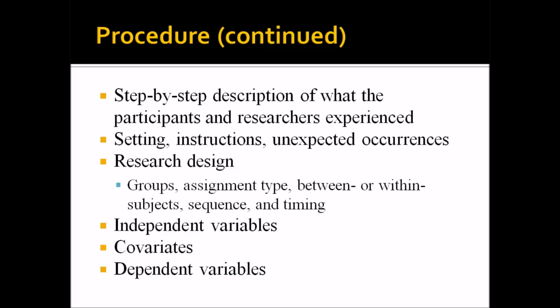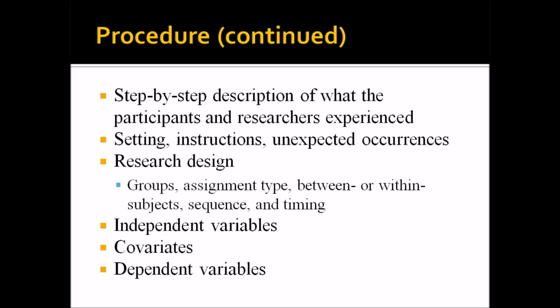Additionally, you want to document the specific name of the research design or designs used. For example, true experimental design, quasi-experimental, 2-group post-test design, Solomon 4-group design. So you're going to want to make sure you detail that as well in this section.